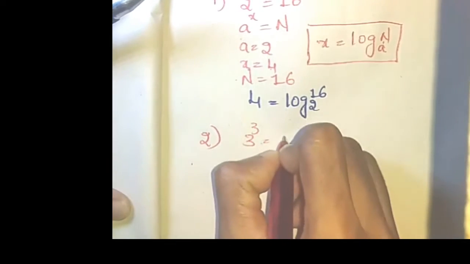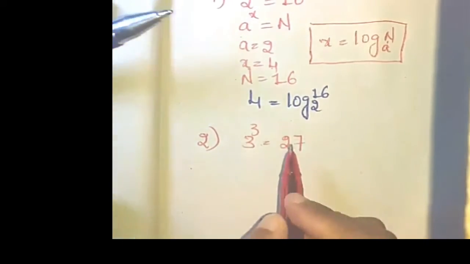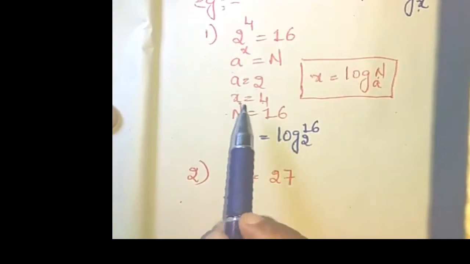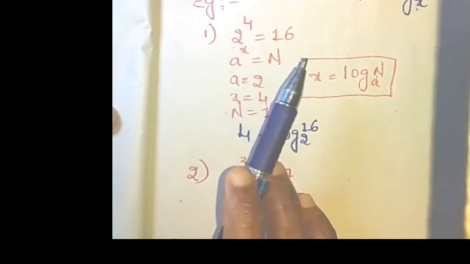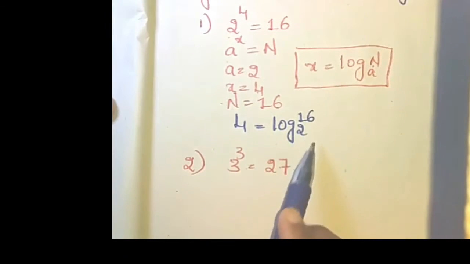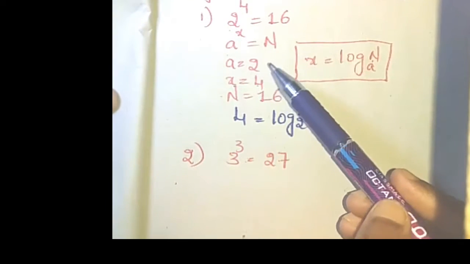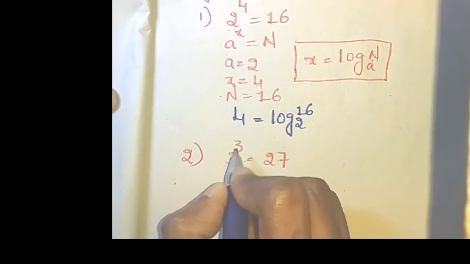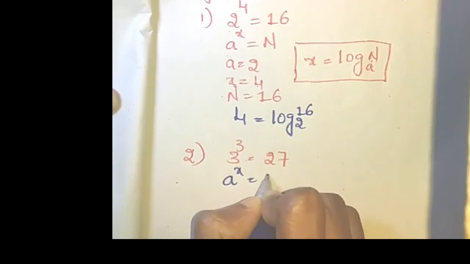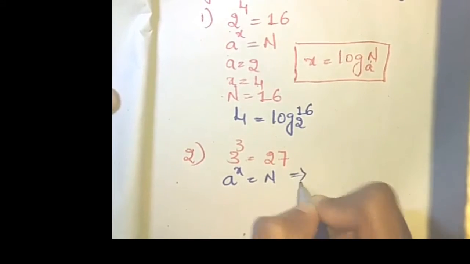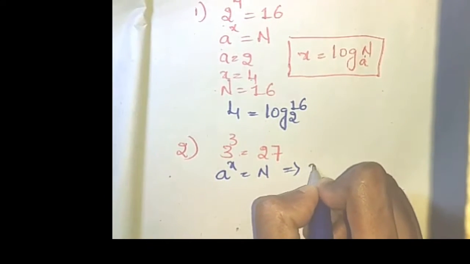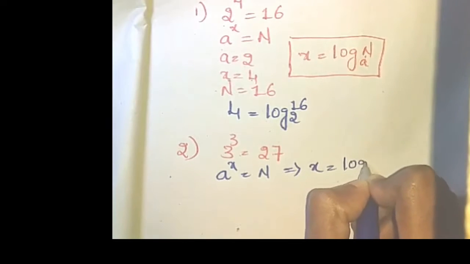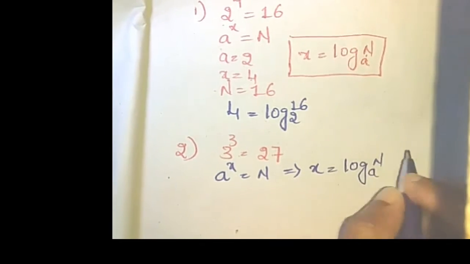Yes, so let us take one more example, that is 3 cube is equal to 27. So this is converting exponential form into which form? Logarithmic form. So this is very basic. In order to make you understand, I have written very detailedly like this. Directly also we can write, that is a power x is equal to n. When we convert this into logarithmic form, what will we get? x is equal to log n base a.